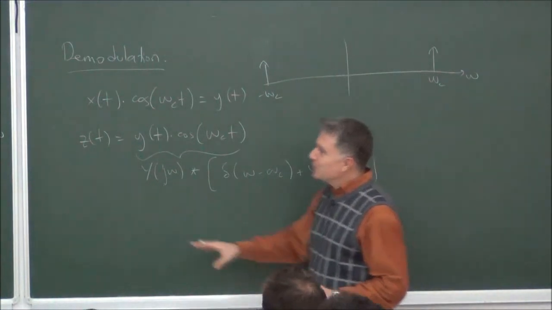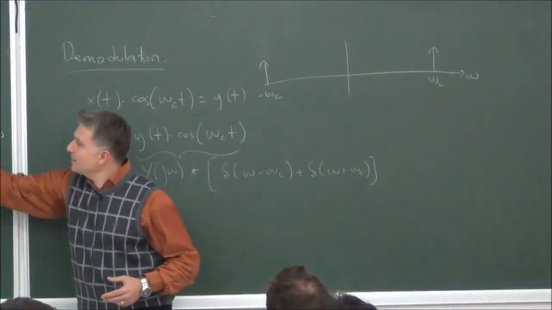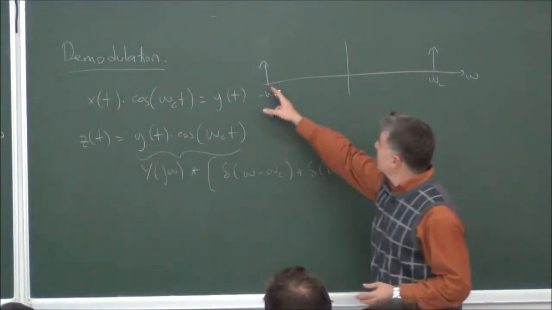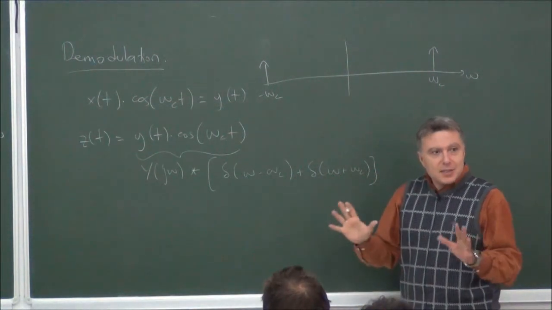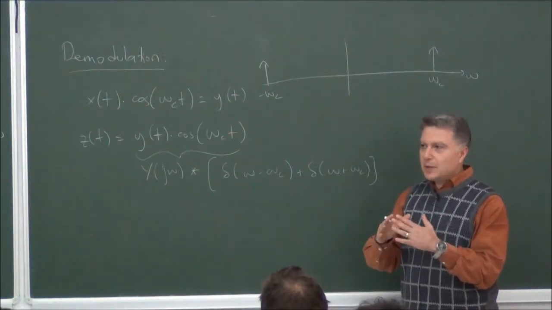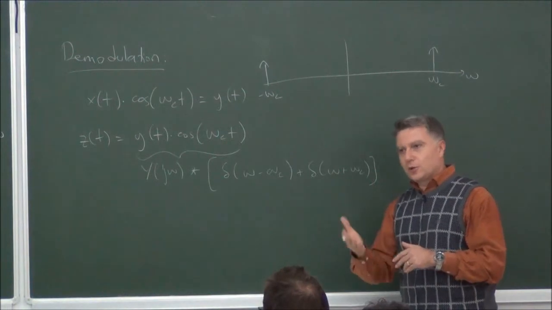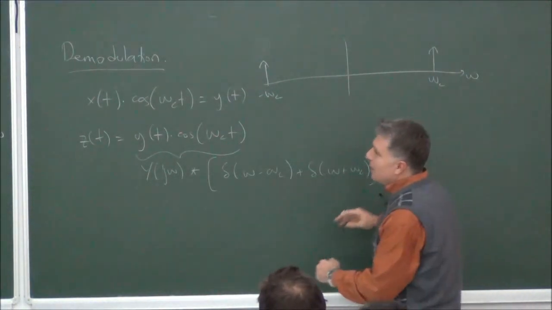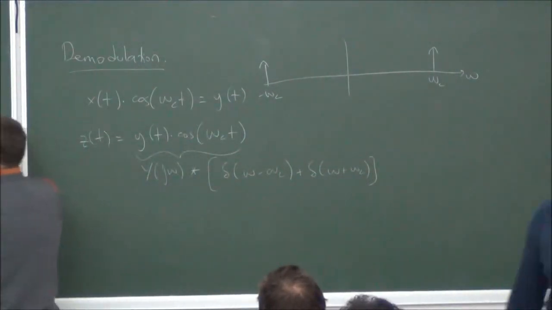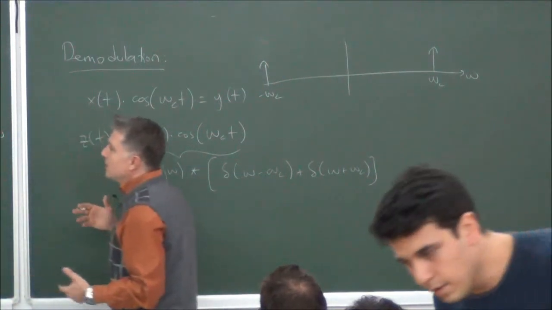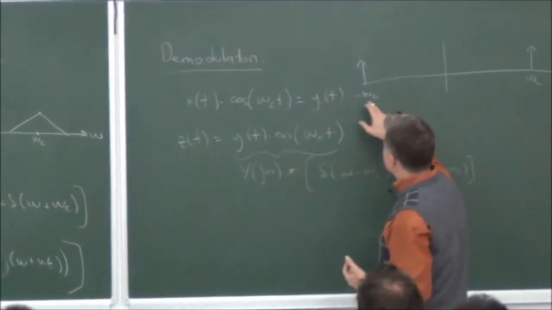What is the convolution of this, these two triangles at the left and right, with this one? Again, the same shift. It doesn't need to be a baseband signal for the convolution. It can be a bandpass signal like this, and then what you're doing is you're just convolving with this impulse at minus omega c.